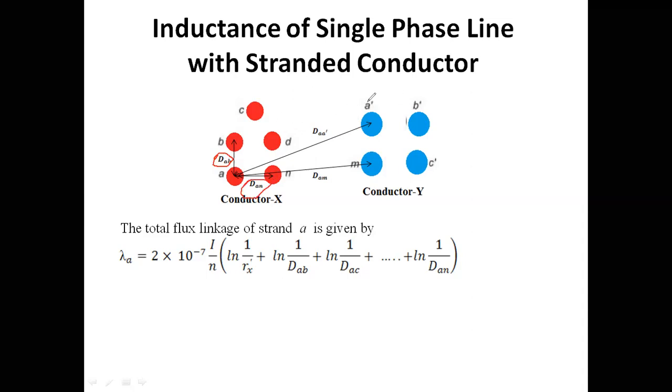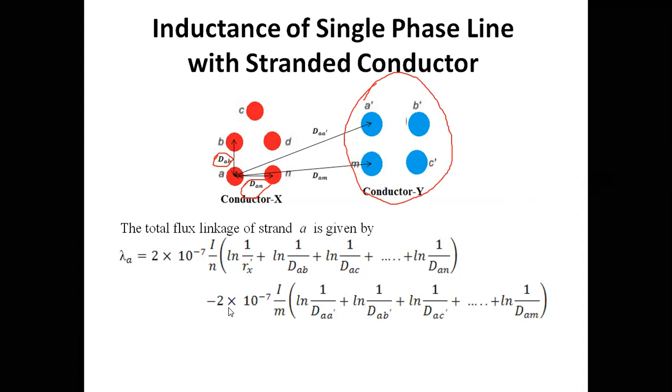Now consider the other conductor, the return conductor or Y conductor. What will be the flux linkages for this current? Minus 2 into 10 to the minus 7 into I by n, ln.